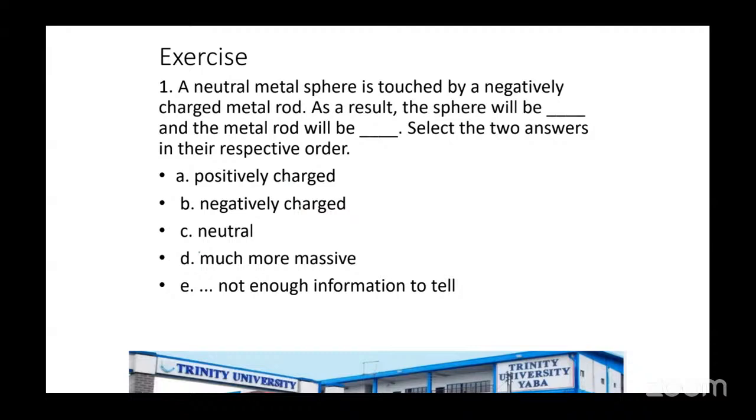In this case, both objects have a negative charge. Remember, I told you that when you are charging by contact, you are going to have the same charge on both the charging object and the neutral body.